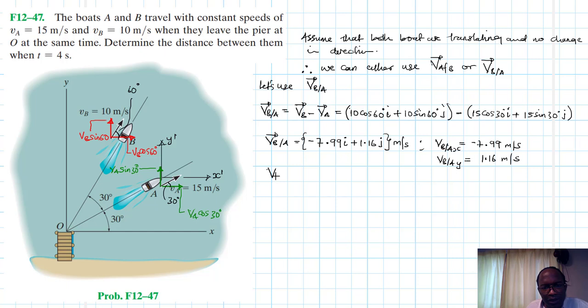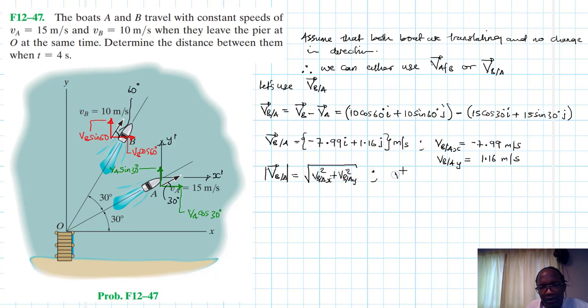So let's find the magnitude of this. The magnitude is just the square root of VBAx squared plus VBAy squared.